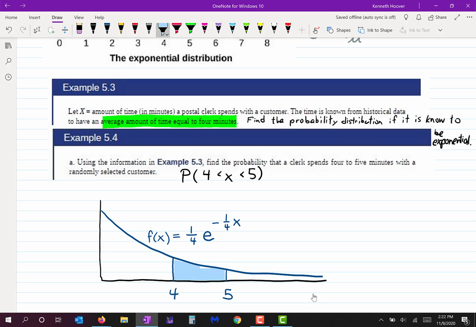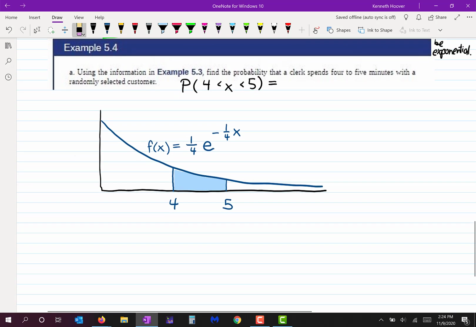And if you know how to do calculus, integrals, then you could calculate that using calculus. But this class does not assume that you know how to do calculus. So how are we going to figure this out? This is what we're going to do. So here's what you need to know.